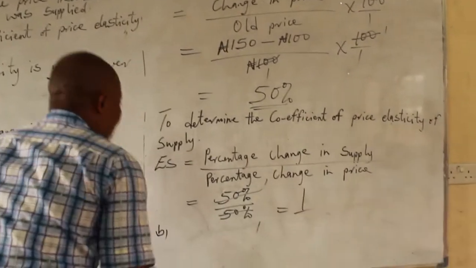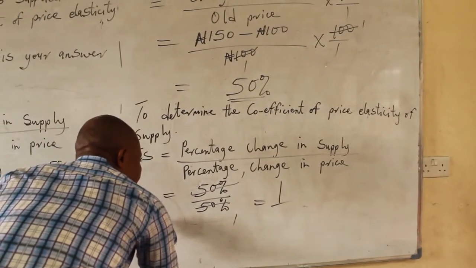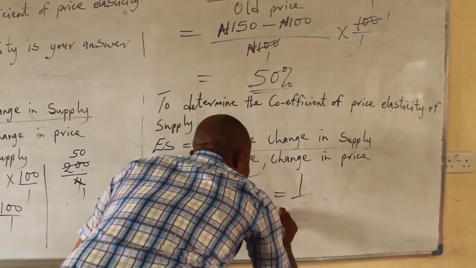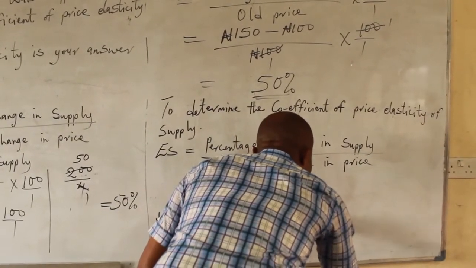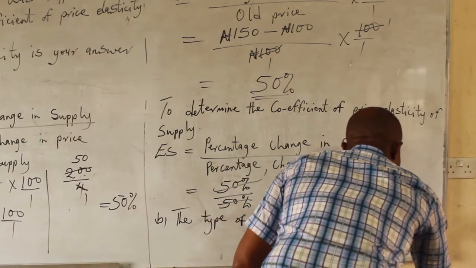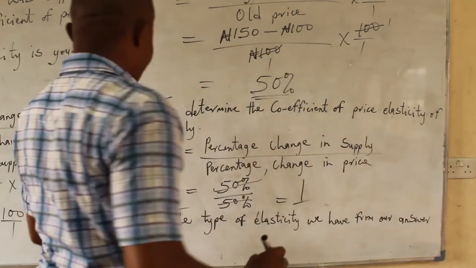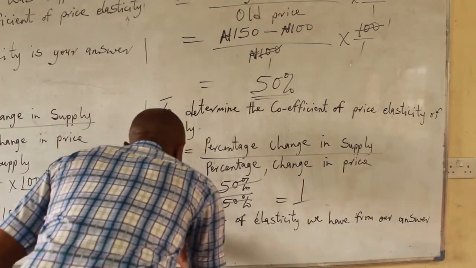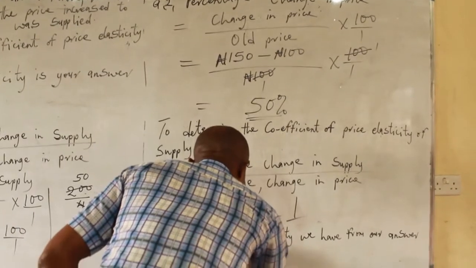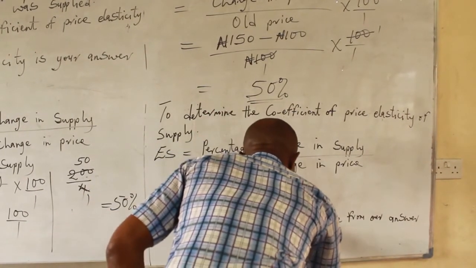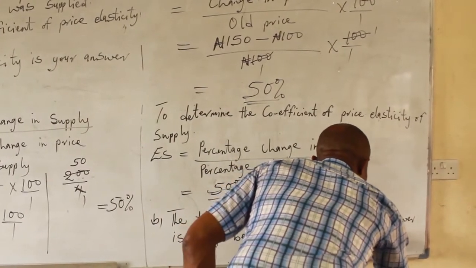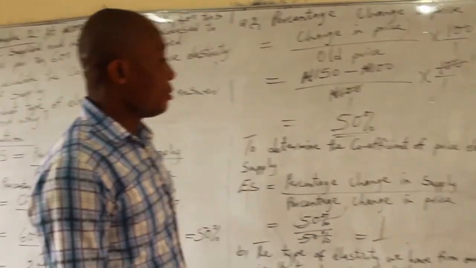That means B: the type of elasticity we have from our answer is unity, because elasticity is equal to 1. And that is the final answer.